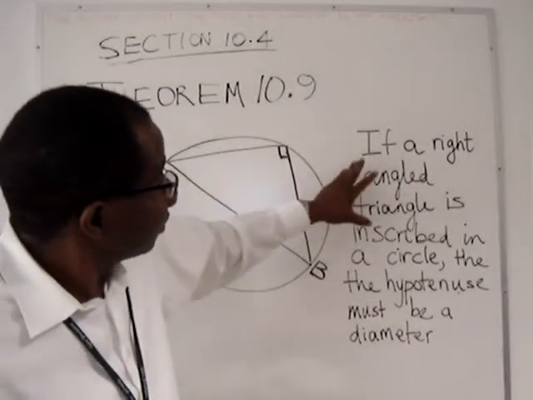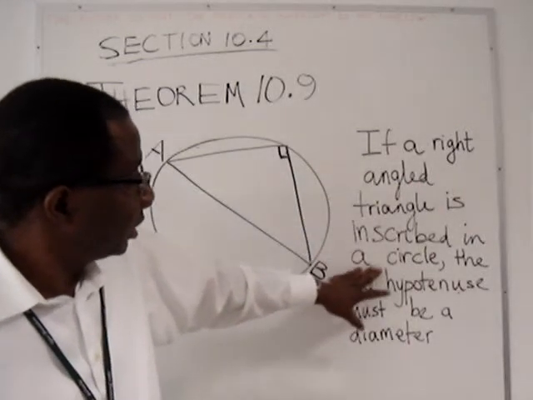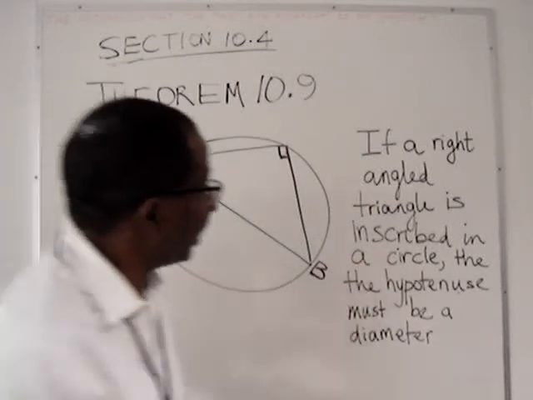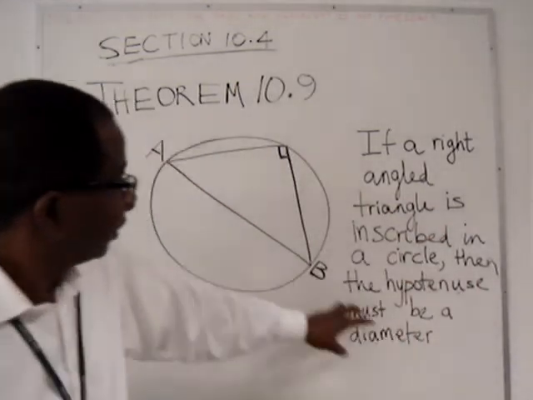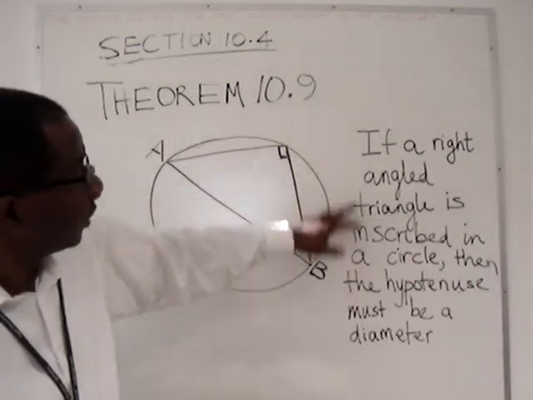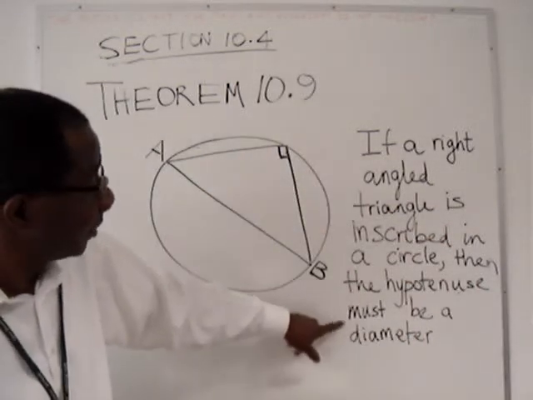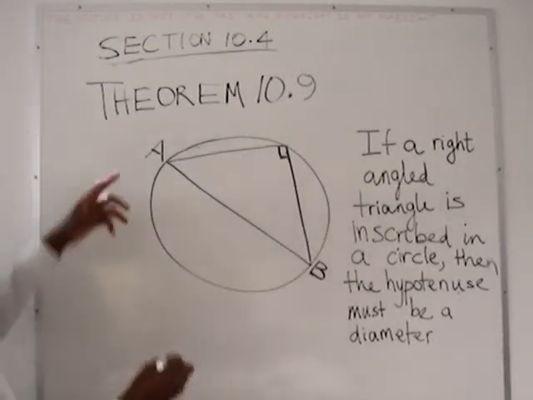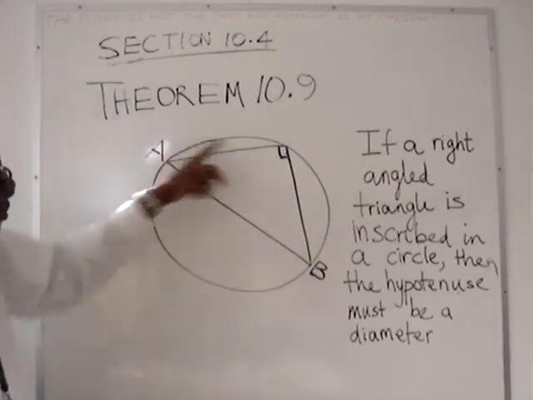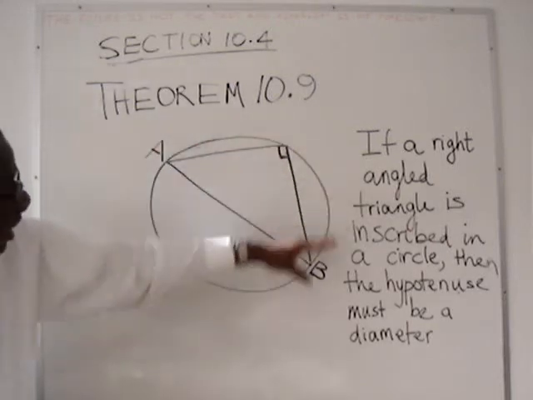So if a right angle triangle is inscribed in a circle, then the hypotenuse of that right angle triangle must be a diameter. Here's the picture. We have a right angle triangle inscribed in a circle.